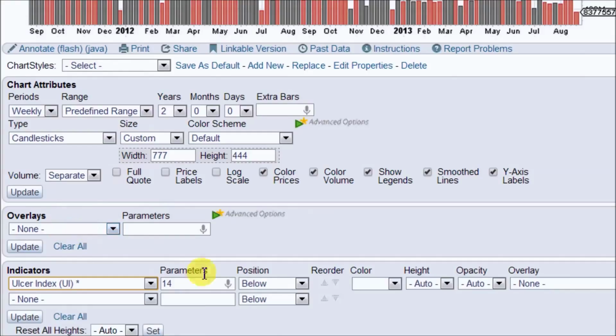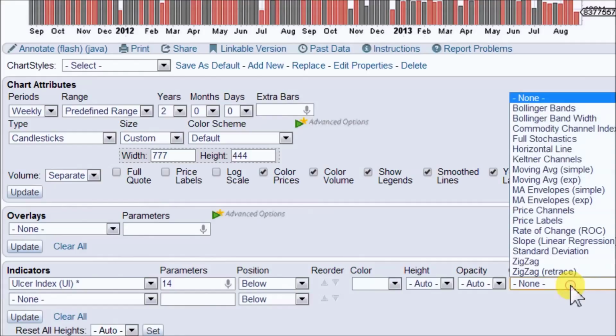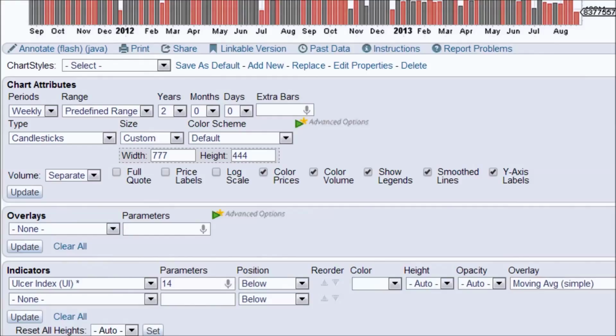The Ulcer Index has a standard setting of a 14-day look-back period, and it works best on weekly charts. Now I'm going to add a simple moving average set at the 52 period, which will give us a look at how a stock has performed on average over the last year.